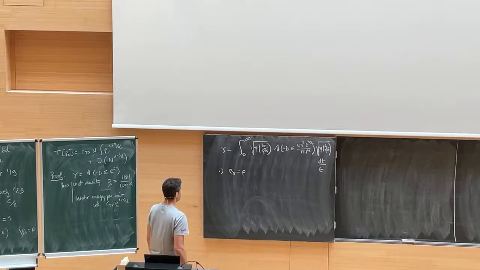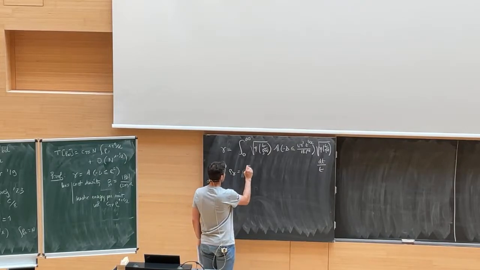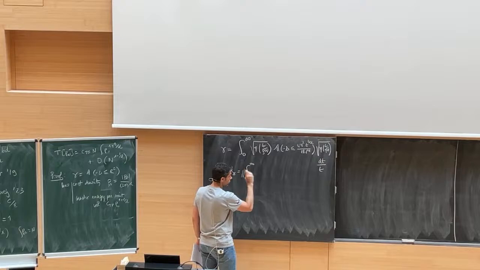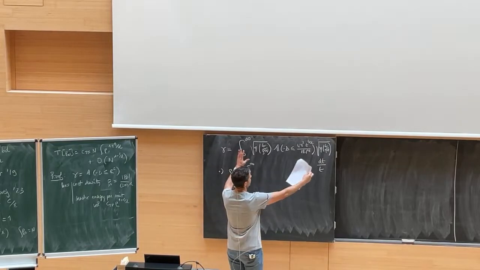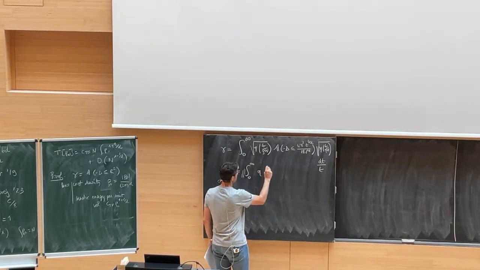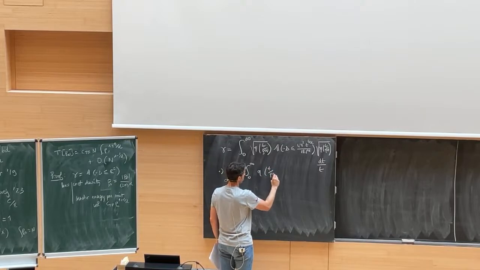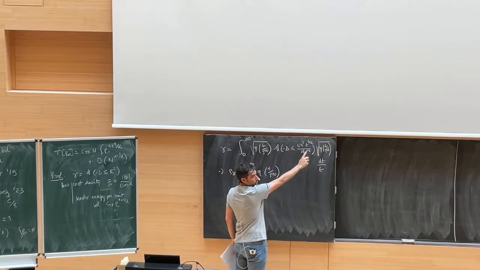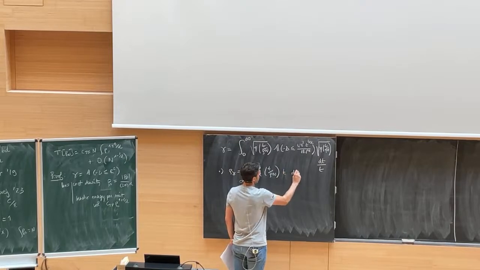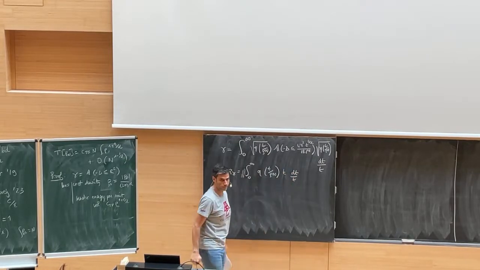Why is it so? When you compute rho gamma, you will find the integral from 0 to infinity, and then when you compute rho, you will actually get eta of t over rho of x times t, because this guy has density t, dt over t.